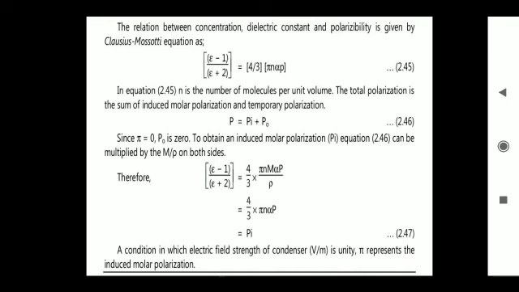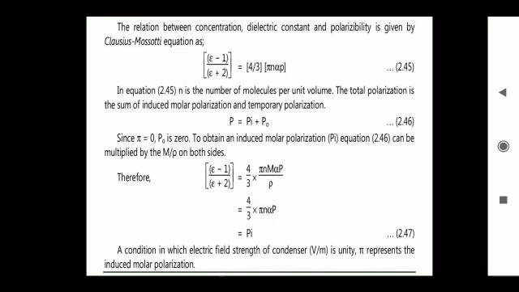In the above equation, n is the number of molecules per unit volume. The total polarization is the sum of induced molar polarization and orientation polarization, so P is equal to Pi plus Po. Pi means induced molar polarization, Po means orientation polarization.